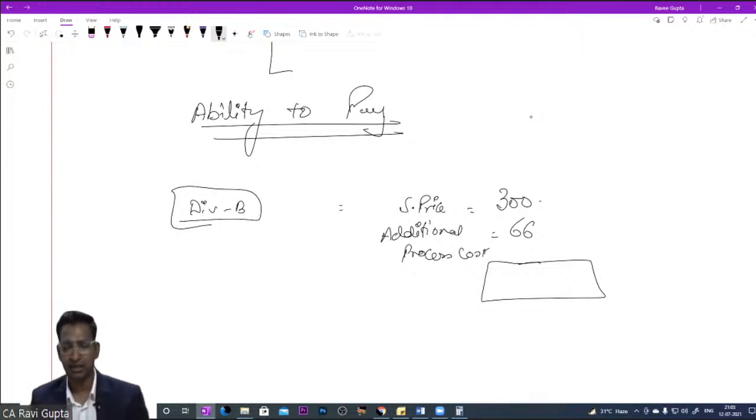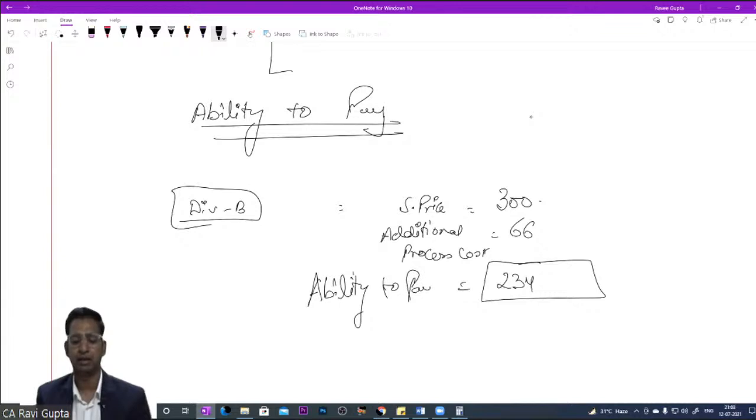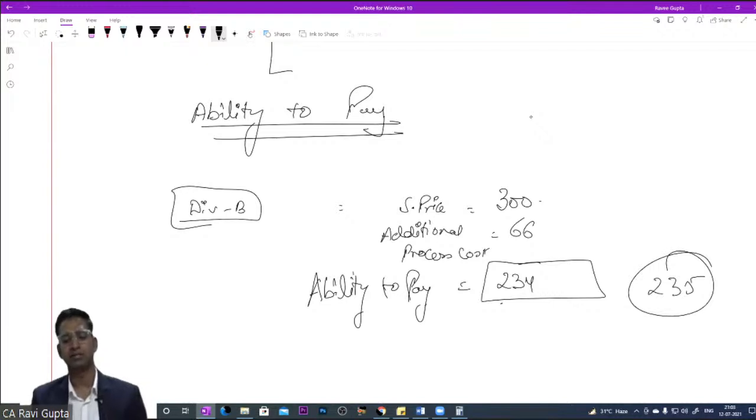So what will it be? 234 rupees is the ability to pay. Maximum to maximum a division can think to pay 234 rupees. If you set your transfer price at 235 rupees, division B will say, boss, leave it.